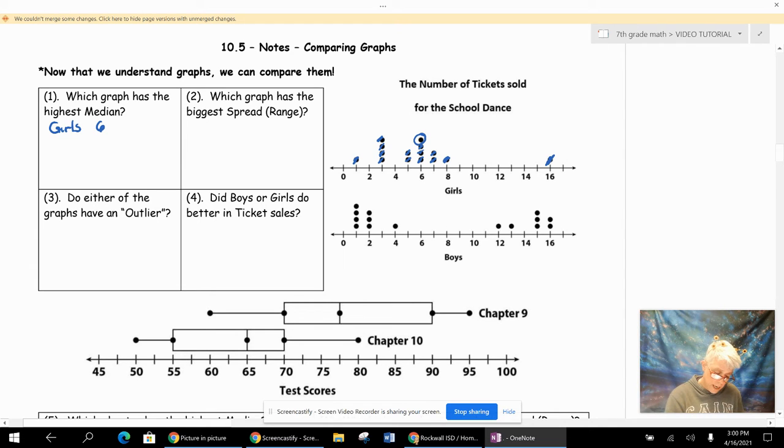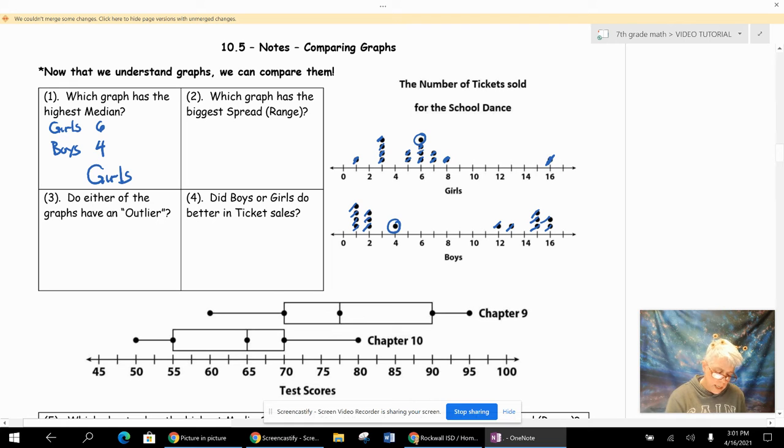Let's do it for the boys now. 1, 1, 2, 2, 3, 3, 4, 4, 5, 5, 6, 6, 7, 7, and there's my number in the middle. For boys, it was 4. So which graph has the highest median? The girls.